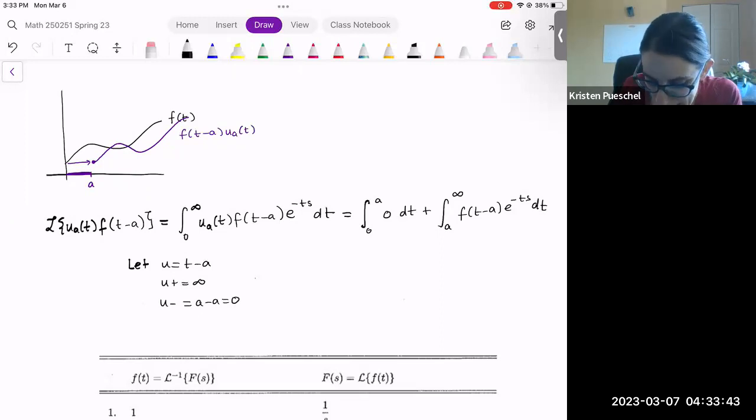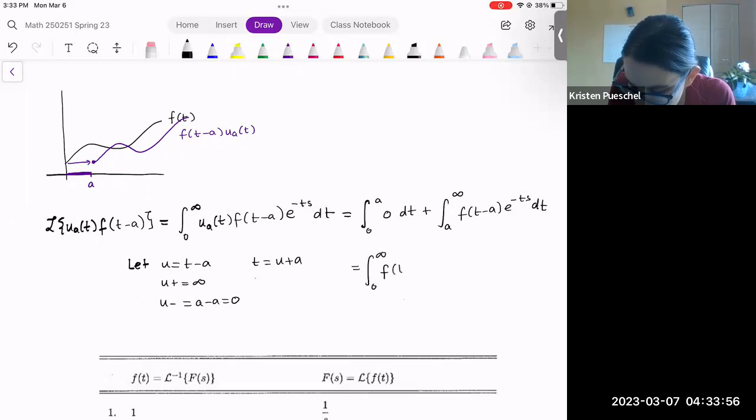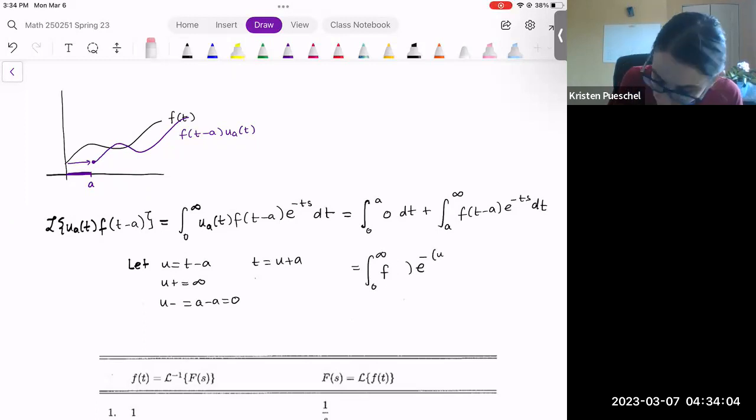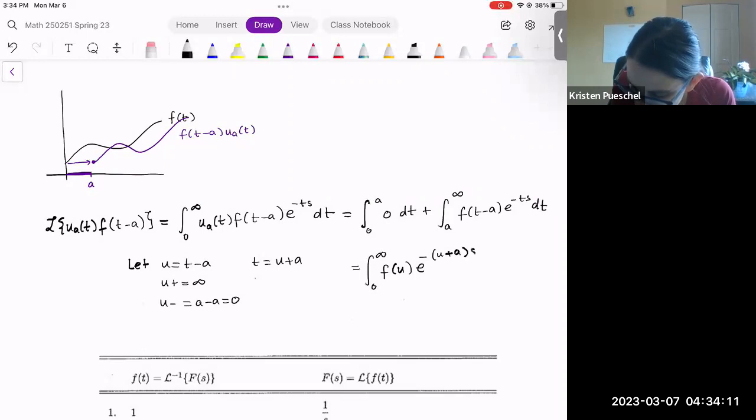And everywhere we see a t, we write t equals u plus a. All right, so let's plug this in. Our bounds are 0 to infinity, f of u, e to the negative u plus a times s, du.